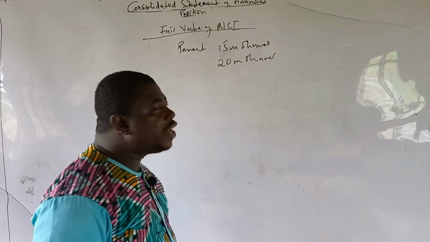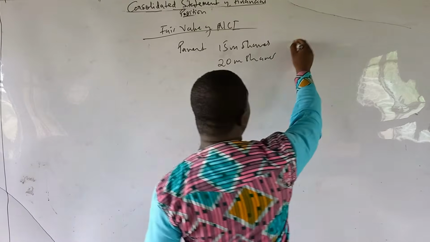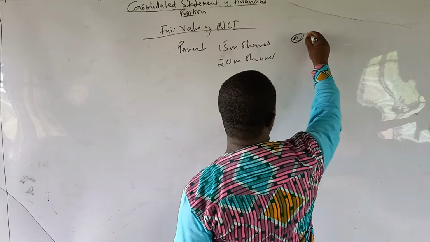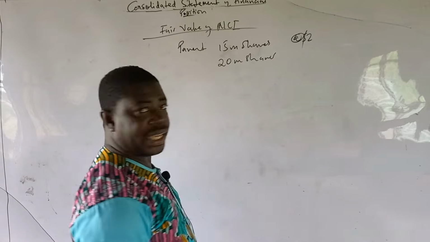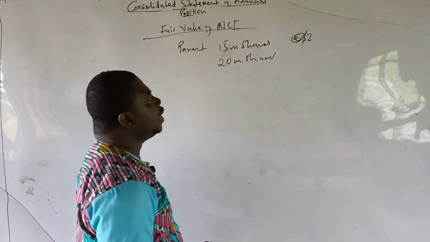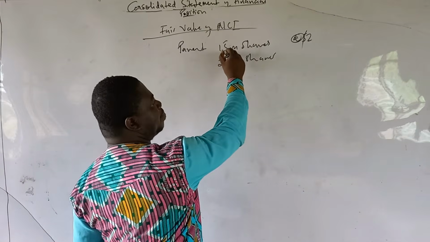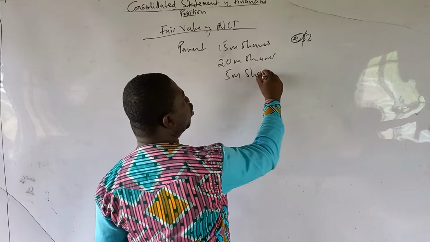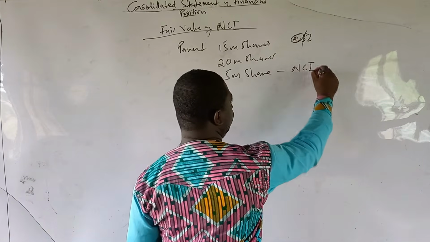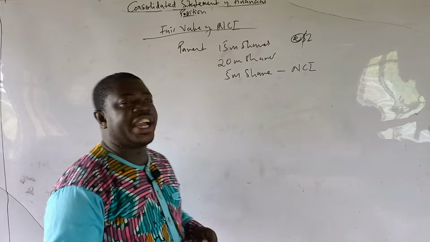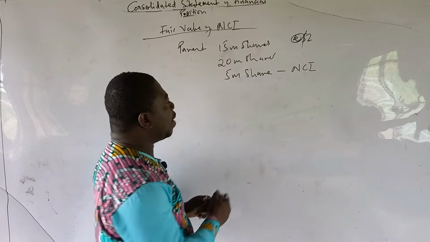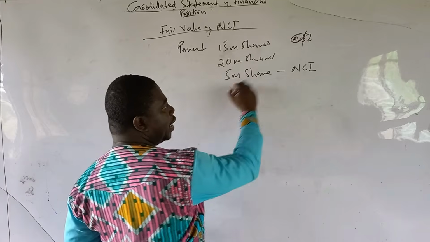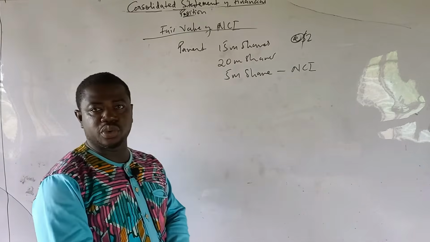Sometimes they will give you the value of the share. So if the value per share is, let's say, $2 per share, then it means that once the parent is buying 15 million, the balance of 5 million shares belongs to NCI. Now to find the value of NCI, you can multiply the 5 million shares by the $2 to get the total value of NCI.